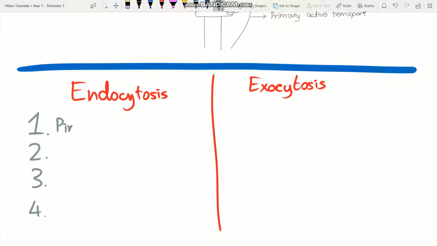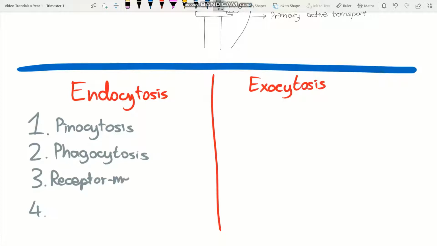Firstly, there is pinocytosis, phagocytosis, receptor-mediated endocytosis, and finally, transcytosis.